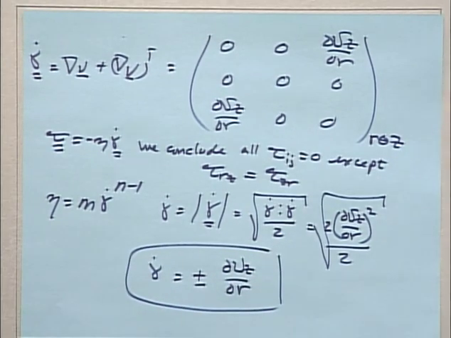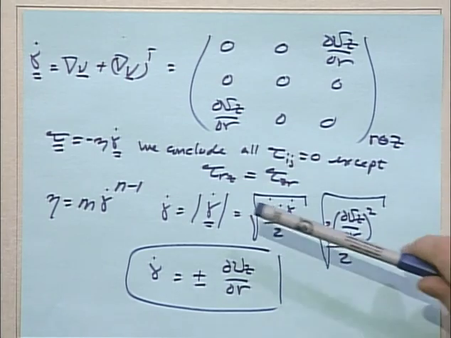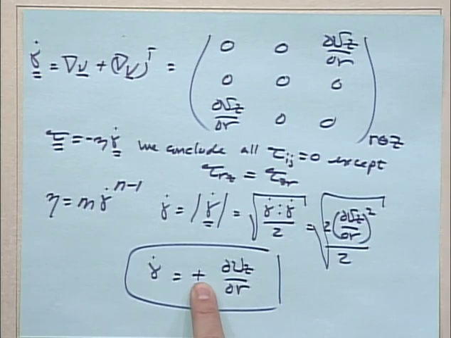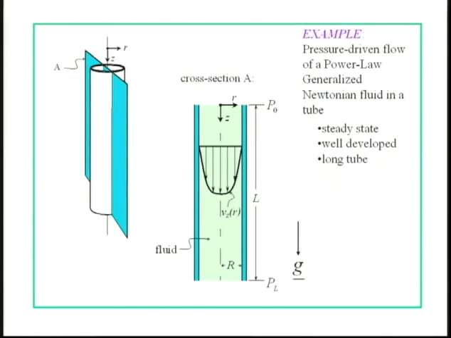Now, I've been very rigorous in saying plus or minus, but there's a good reason for it. Okay? The magnitude of a tensor is a positive number. So you might think that I should pick the positive value. Is dvz dr positive or negative? As you increase r, does the velocity increase or decrease? It decreases. Okay, so there you go. You see why I'm being careful.